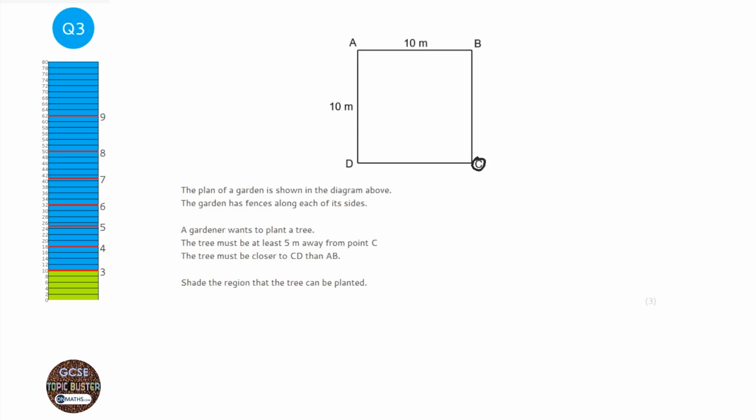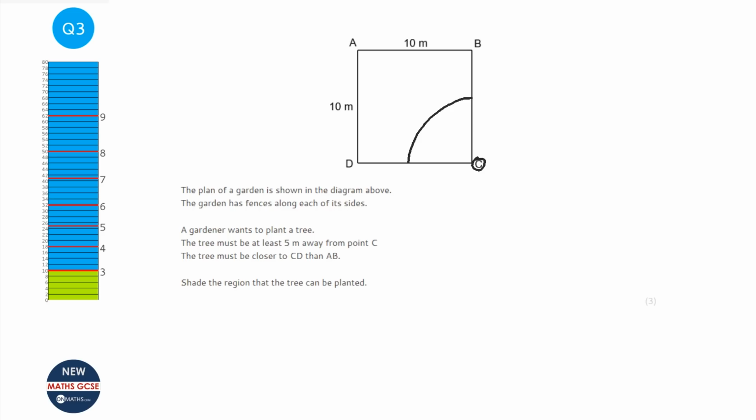So for this one, I'm imagining 1 meter is 1 centimeter. And you would draw a kind of quarter circle with the point of your compass at C, like a quarter circle like that. And that's not too bad, although it looks closer to B than it should be. Okay, so that's that first bit sorted.